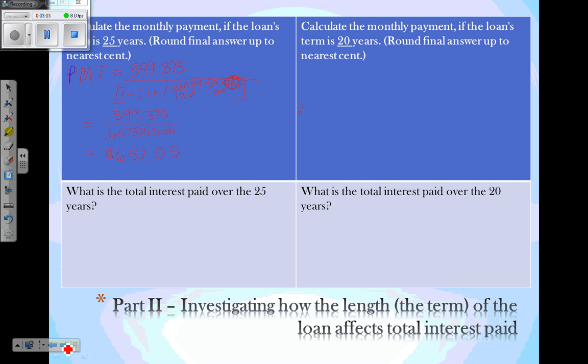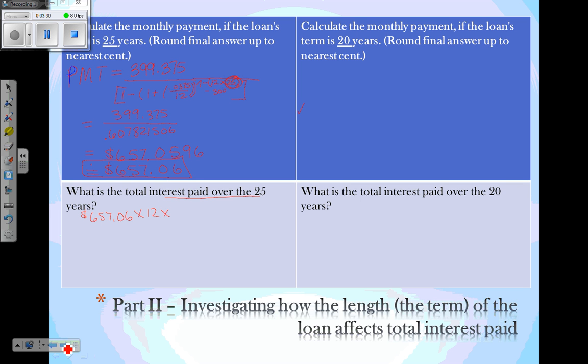$657.059, really 0.0596, which really ends up being $657.06, or that's 6 cents. So our payment changes to $657.06. And to figure out the total interest paid over the 25 years, you take the $657.06 and you multiply that times 12.